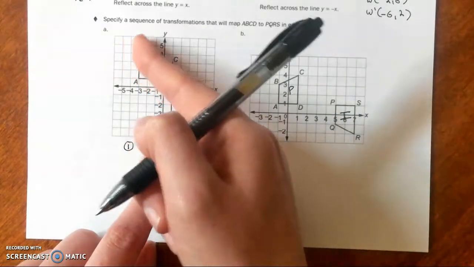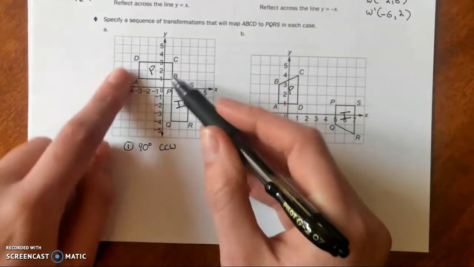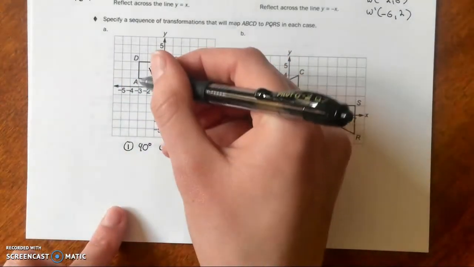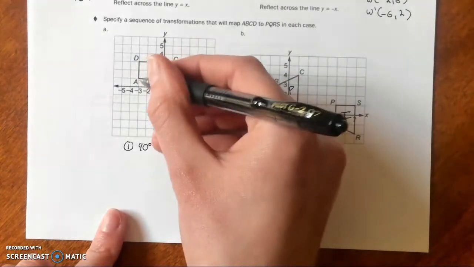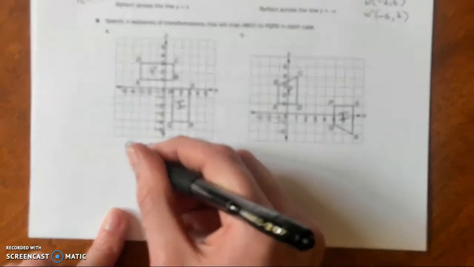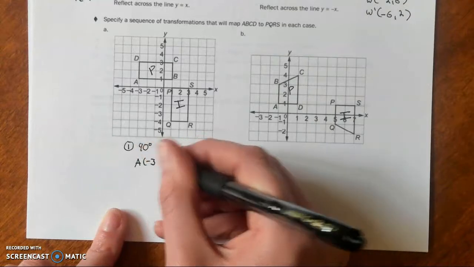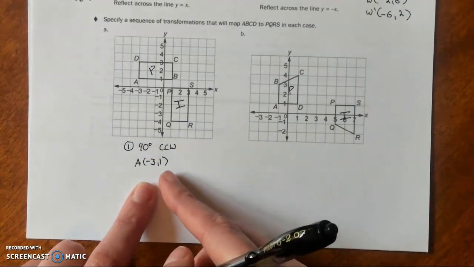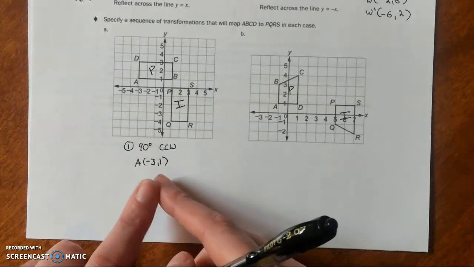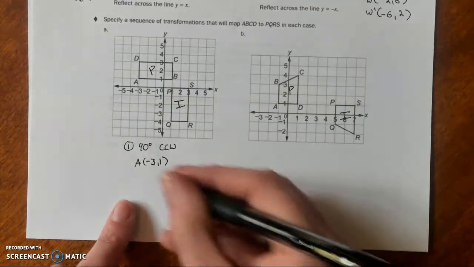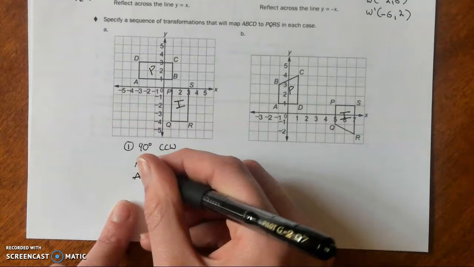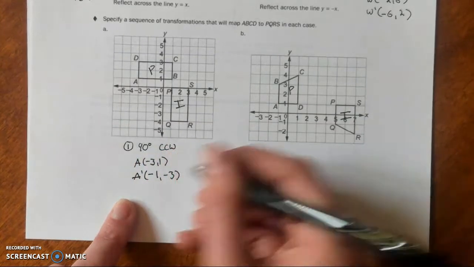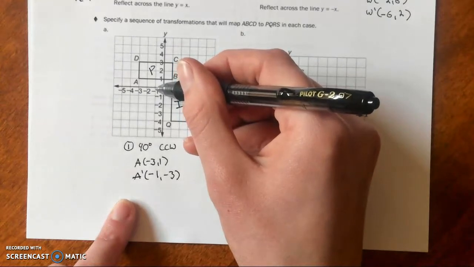And then if it was rotated 90, well, let's choose one point to think about. Let's look at A. A is originally -3 and 1. So if it's a 90-degree, then that means you're flipping the numbers and you're changing the sign on y. So A prime would be -1, -3.